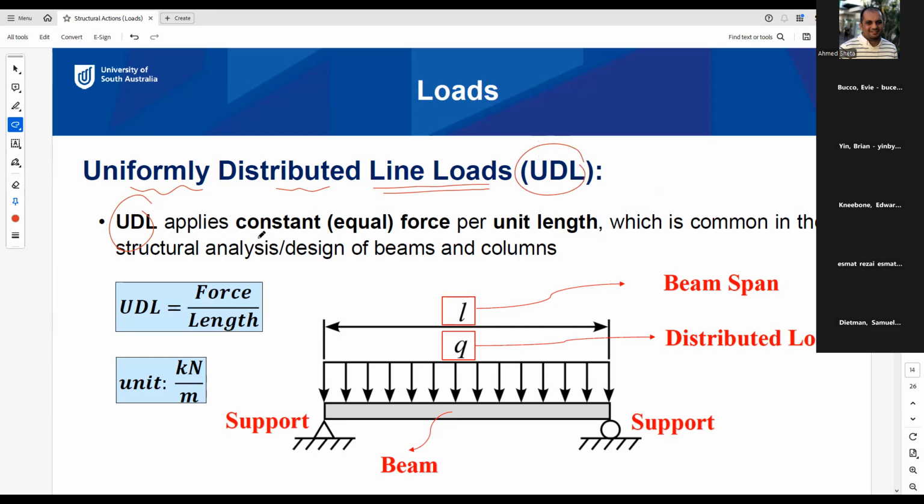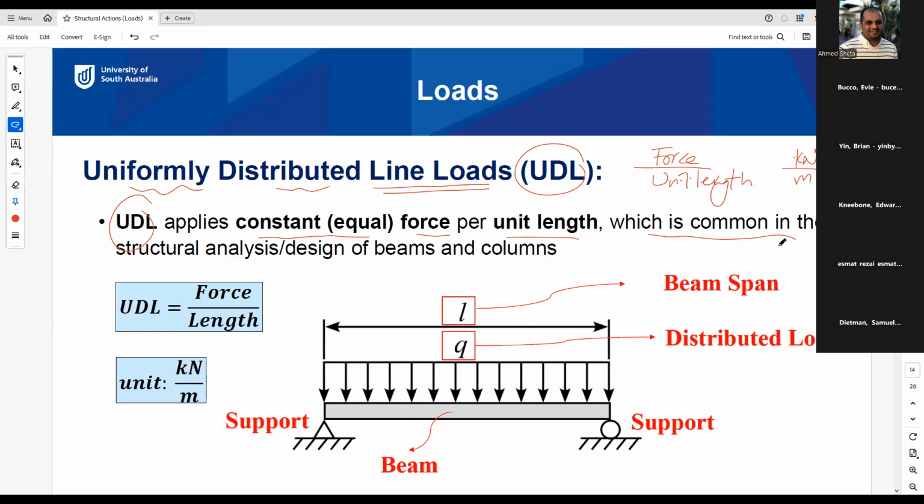UDL applies constant or equal force per unit length. So the UDL is force per unit length. So it is like kilonewton per meter. We apply force per unit length.